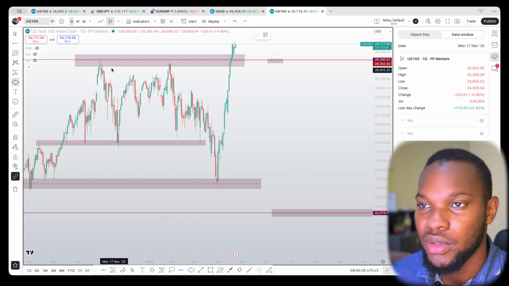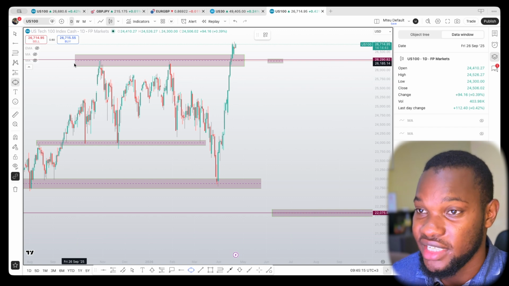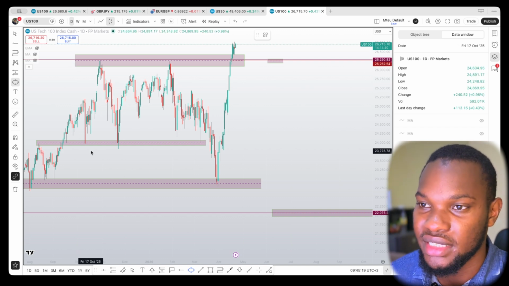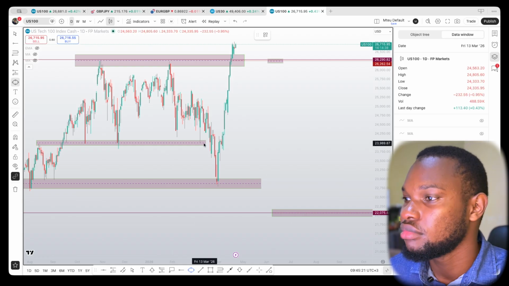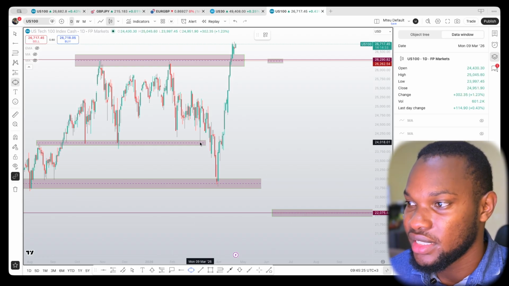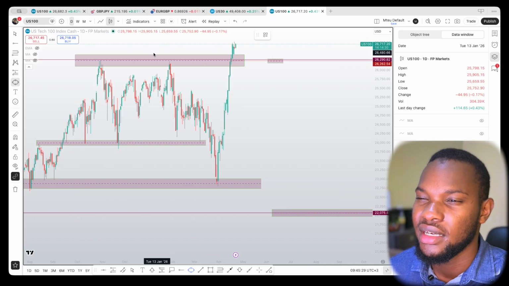But what we can learn from here, starting let's say in September, is that the NASDAQ has been ranging. It hasn't been trending. It's been ranging from 24,000 to 26,200.